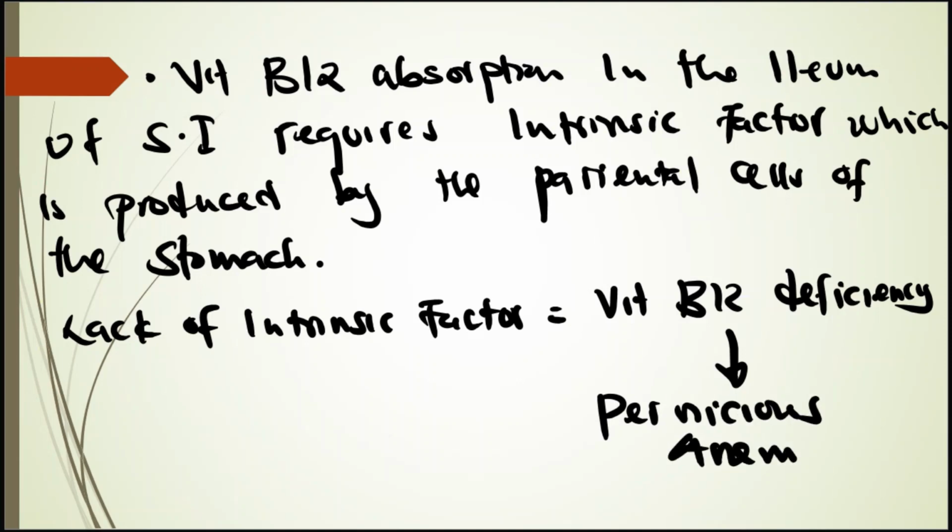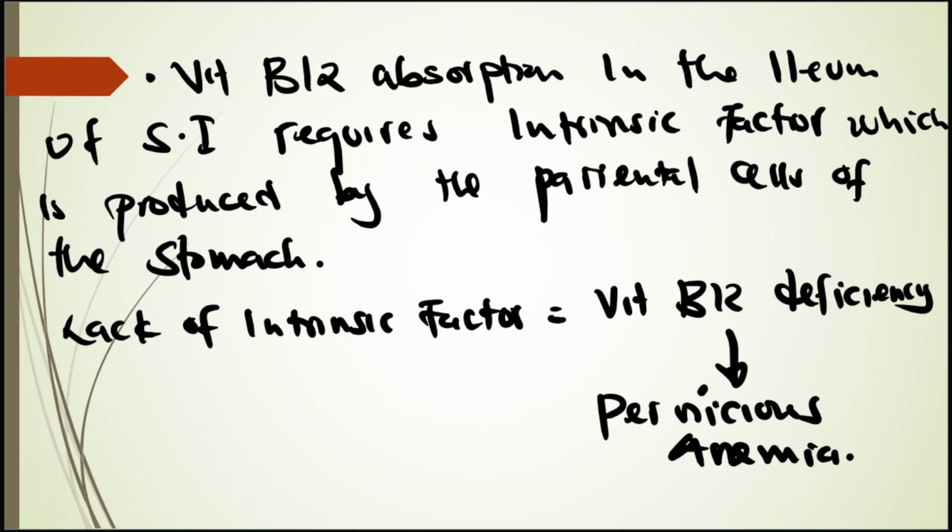So any condition in the body that destroys the stomach will lead to vitamin B12 deficiency, and it will lead to pernicious anemia. If you have atrophic gastritis, meaning that your parietal cells in the stomach have reduced, the amount of intrinsic factor produced is reduced.